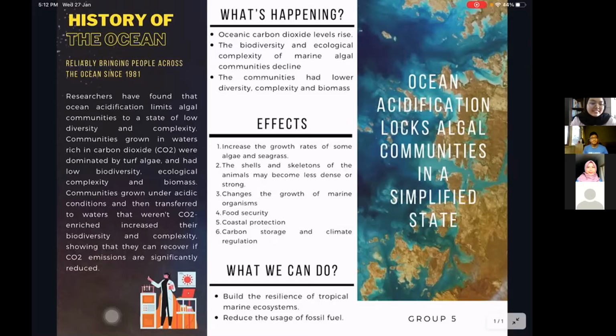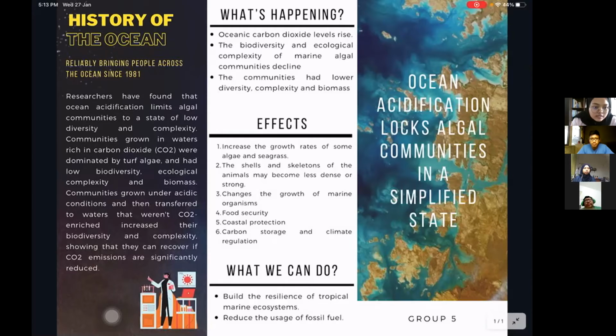Okay, thank you, Shafiq. When we talk about the effects, this is a very important matter and should be taken into consideration in every single aspect. The first effects are towards marine organisms and ecosystems. The first one is the increased growth rates of some algae and seagrass. Some algae and seagrass may benefit from higher carbon dioxide concentrations in the ocean as they may increase their photosynthetic and growth rate.